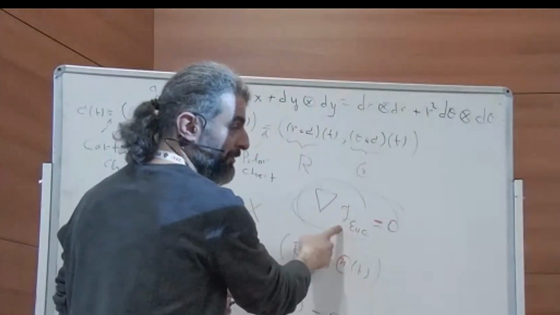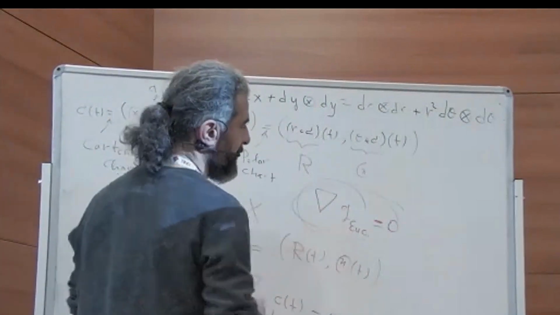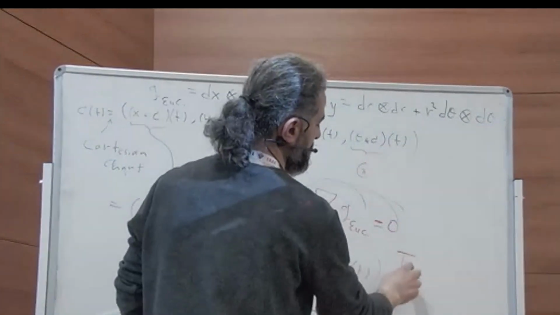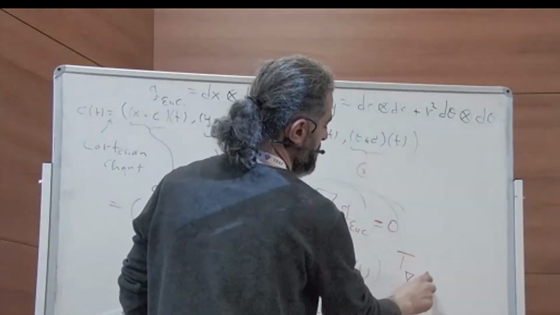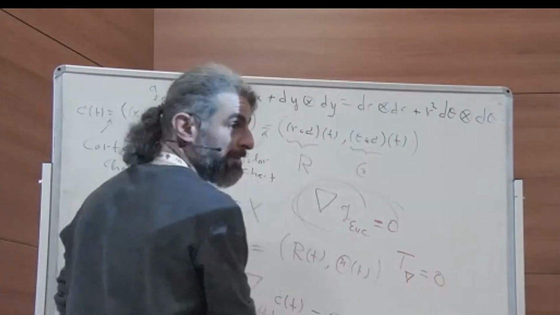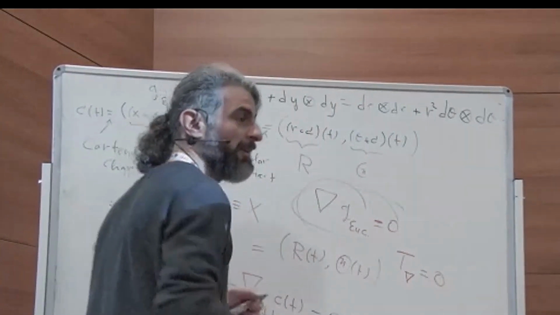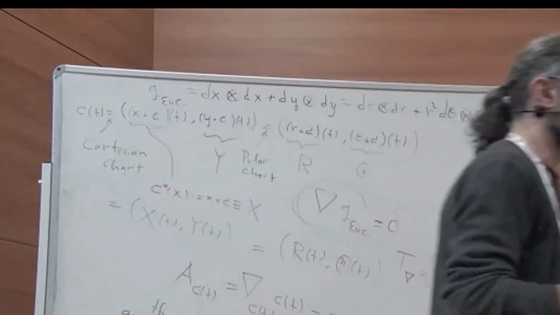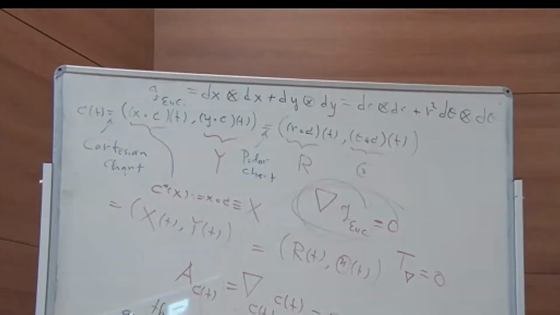You also have this condition, and also the torsion tensor of the connection is zero. So this is the Levi-Civita connection. And when you have the Levi-Civita connection, its connection coefficient functions are termed as Christoffel functions.